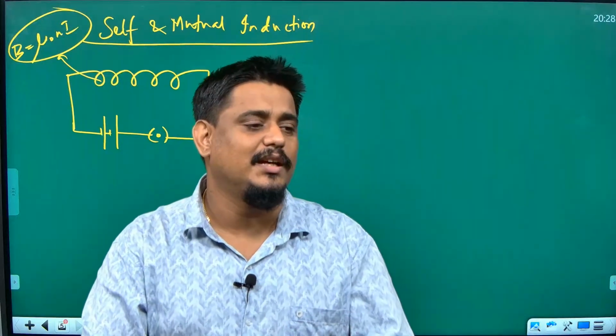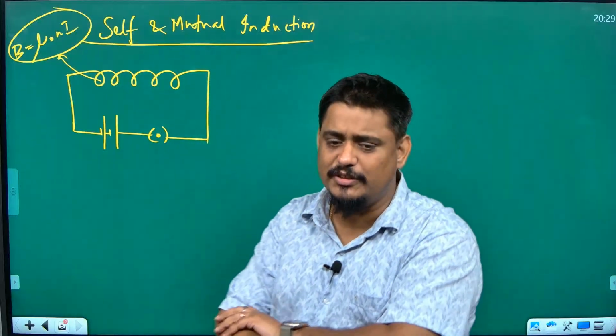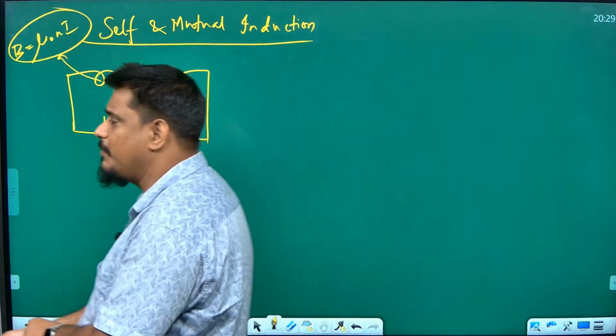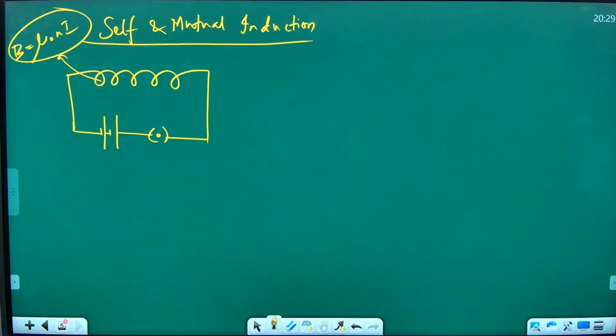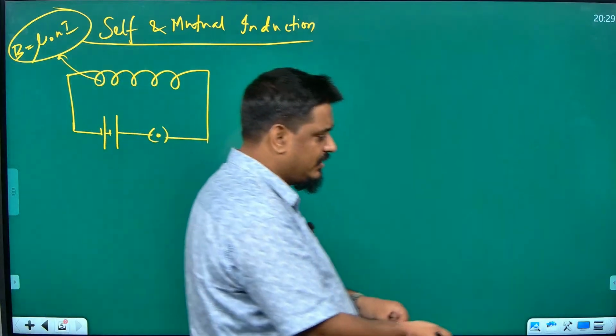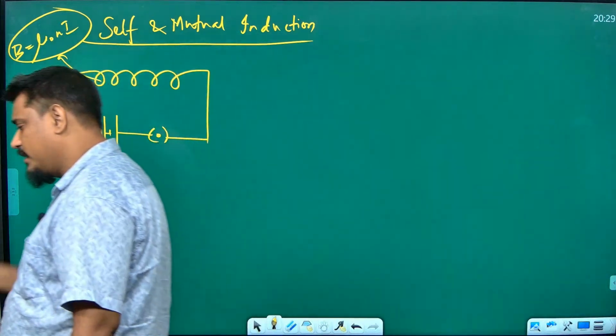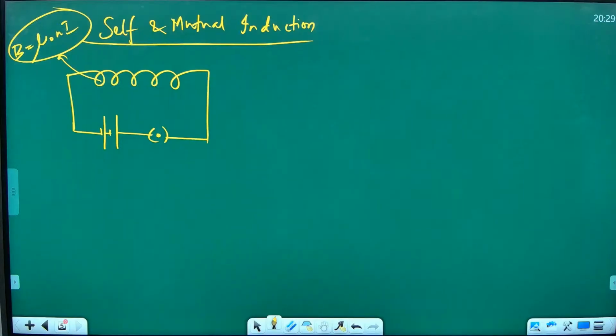That kind of induction is called self-induction: the induced current or induced EMF coming in the same coil where there is a change in magnetic flux.